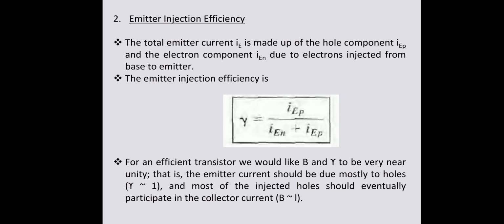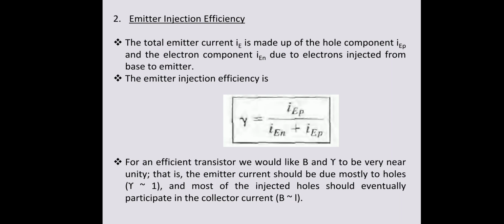So this motion of holes into the base region through the forward biased emitter base junction will cause a hole component of current, that is represented as IEP. Similarly, due to the forward biased emitter base junction, electrons from the base side will also diffuse from base to the emitter region.